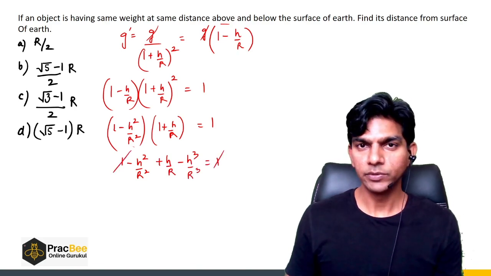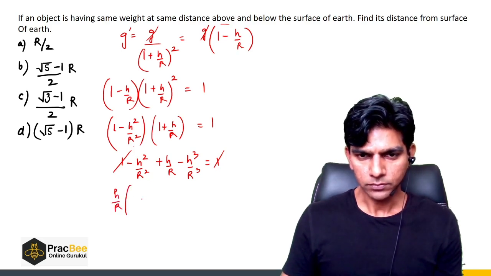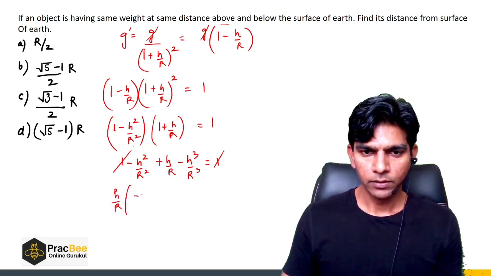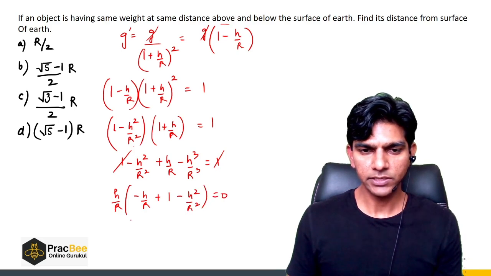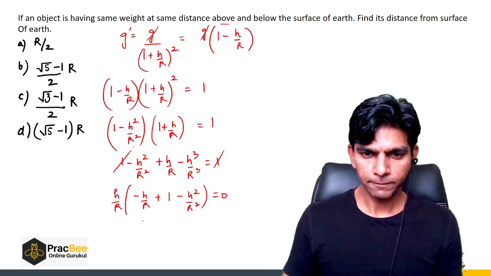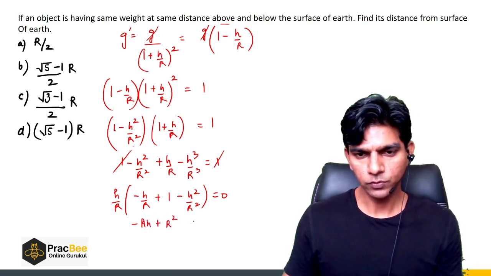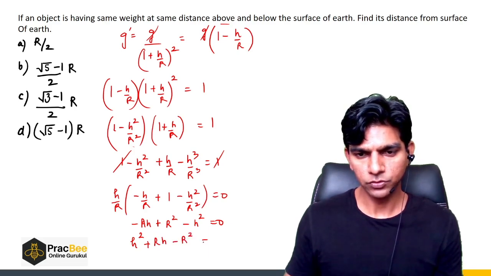So this 1 will get eliminated. So we can again take h by R common. So we have minus h by R plus 1 minus h square by R square equals 0. Now let us take the LCM. So we have minus Rh plus R square minus h square should be 0, or we can say h square plus Rh minus R square should be 0.